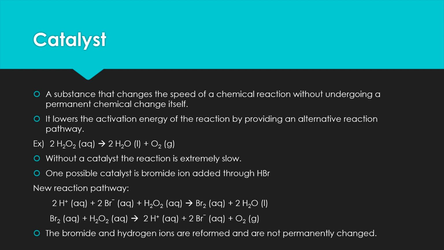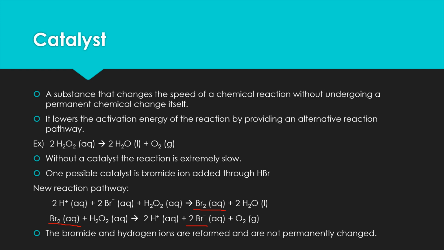And in the process, the bromide ions would give up each of their extra electrons and stick together to become a Br2 molecule. Then that Br2 molecule would again gain 2 electrons from the hydrogen peroxide and turn back into bromide ion.